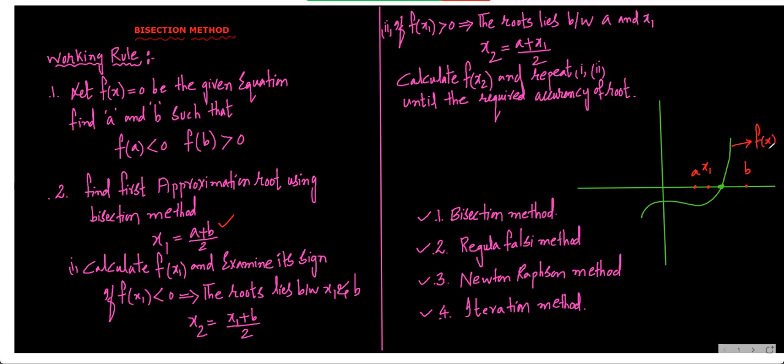If it is less than 0, then the root lies between x1 and B. If it is greater than 0, then the root lies between A and x1. Depending upon that, we go closer to the solution. After some stages, 2 points of the solution will match, then we stop our process. This is called the bisection method.